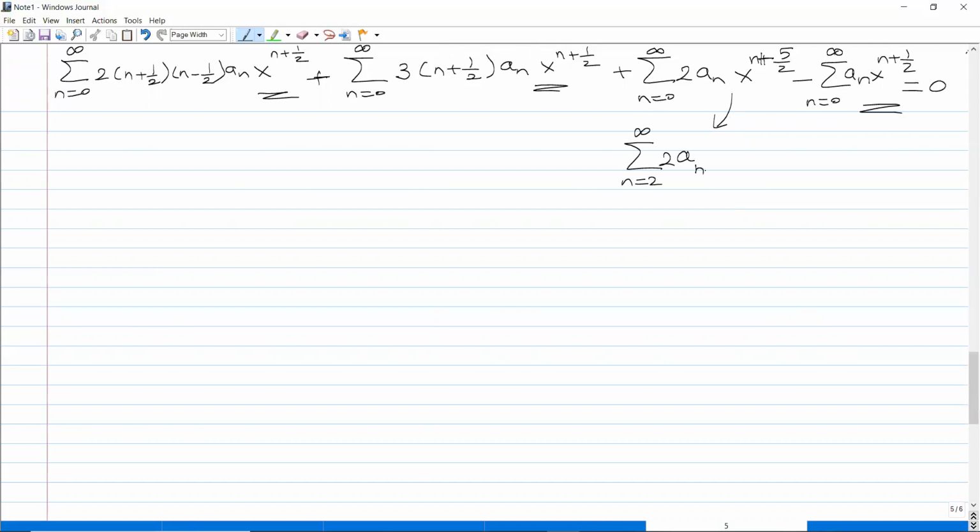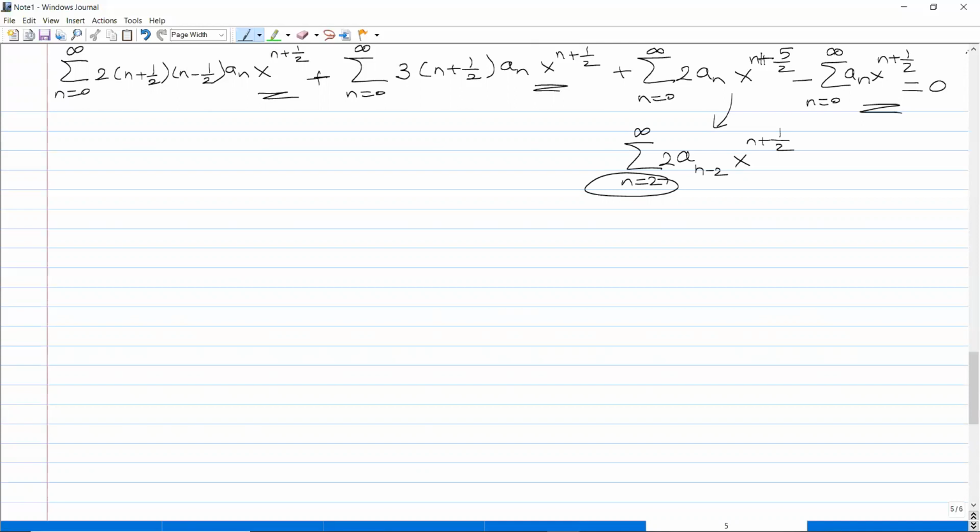Then an becomes an minus 2, and n plus 5/2 becomes n plus 1/2. Okay, so all the powers are now x to the power n plus 1/2, but this series starts from 2, so the other series starts from 0. So I need to write the terms for n equals 0 and n equals 1.